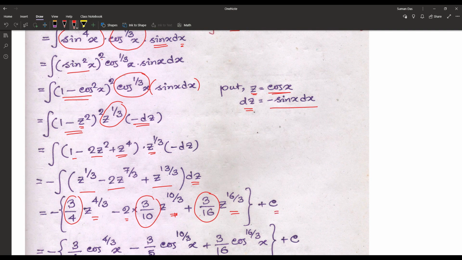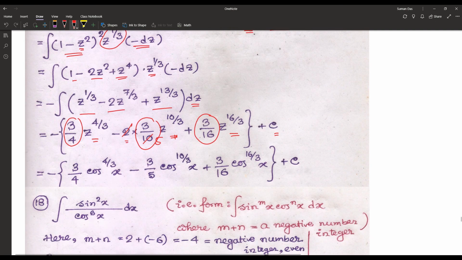Now we can omit that one, so that becomes 3 by 5, and finally we put the value of z here, that is cos x. So the final result, the minus was there so minus is here: minus 3 by 4 cos to the power 4 by 3x minus 3 by 5 cos to the power 10 by 3x plus 3 by 16 cos to the power 16 by 3x plus the integration constant.